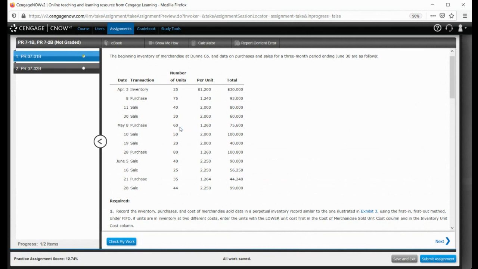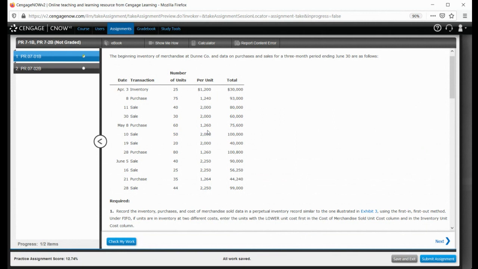We're buying 60 units at a price of $12.60. Notice that price has gone up from the last purchase, so we're in a period of rising prices. Our prices are continuously increasing.